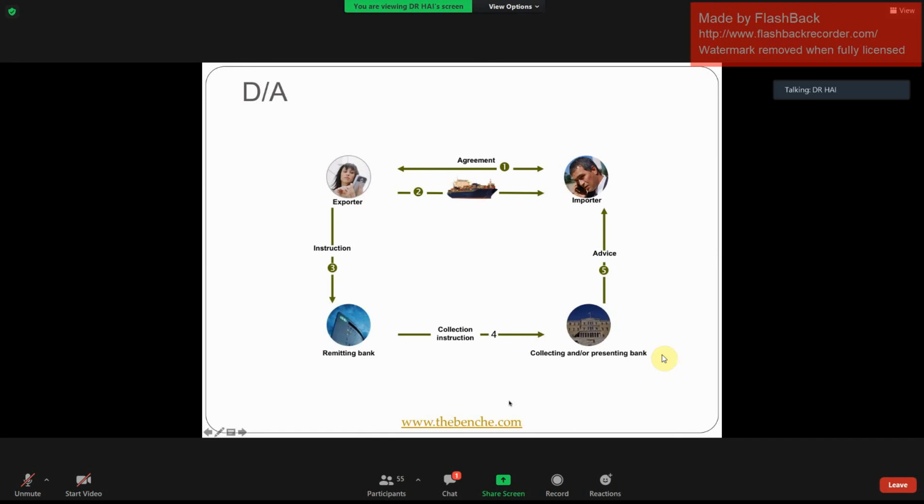If the remitting bank financed the exporter, for example, gave a loan to the exporter, discounted or negotiated for the exporter, then of course in this case the lender, I mean the remitting bank, faces the risk.